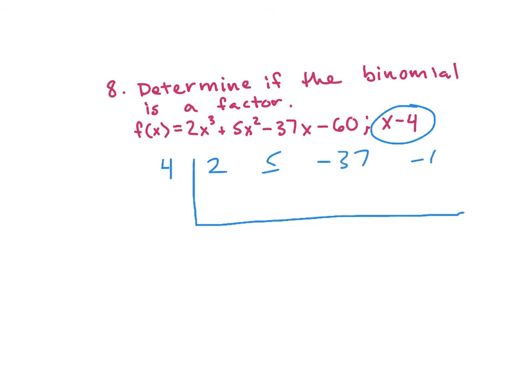-37, and -60. Just have to double check, make sure we're not missing any terms. But we have cubed, squared, x, and our constant, so we're good. We can go ahead and divide synthetically.